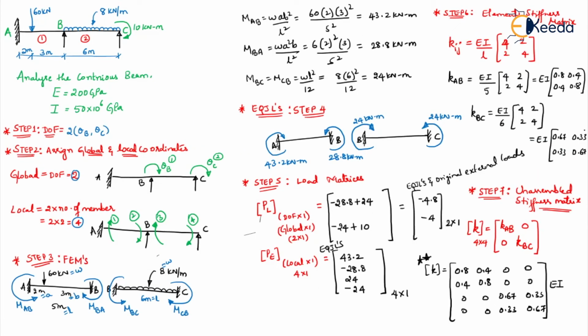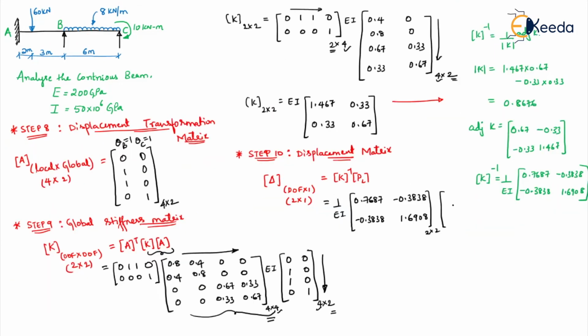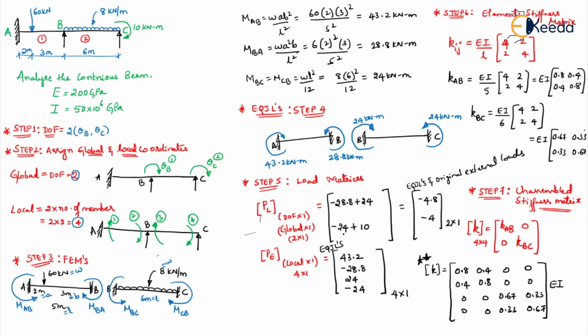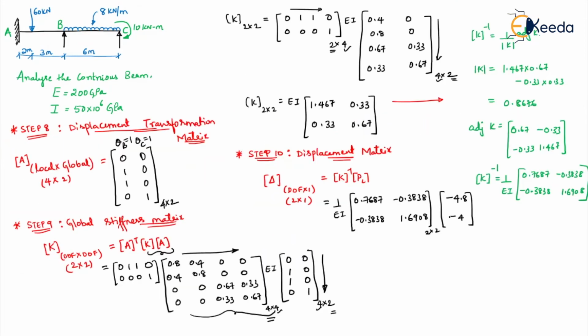This is your PL. So how much? Minus 4.8 and minus 4. Just check if it is minus 4 or not. Minus 24 plus 10, this is minus 14. Okay, minus 14. Right. Now this is a 2 into 1 matrix, so you will get a 2 into 1 matrix.